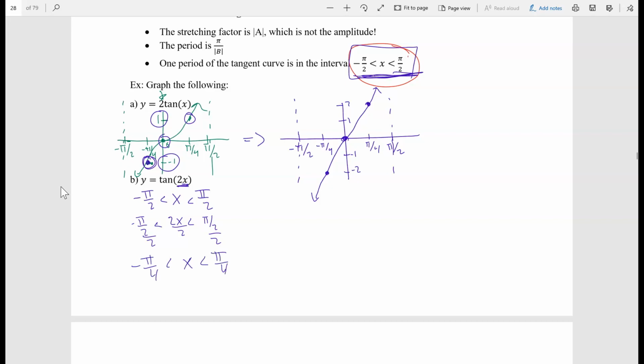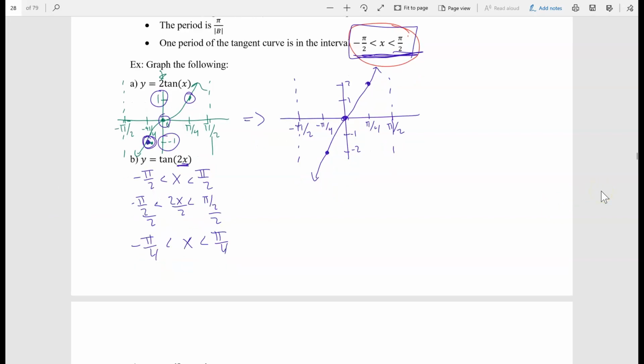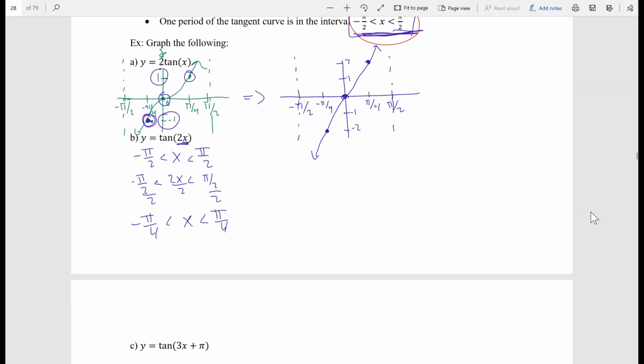That means my asymptotes now are going to be from negative pi over 4 to pi over 4. Let's go ahead and graph that. My new set of asymptotes are going to be from negative pi over 4 to pi over 4.